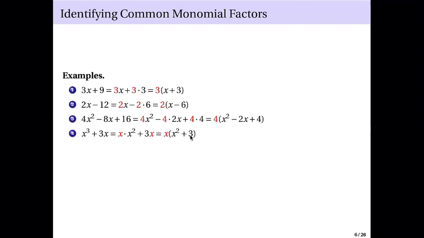You have 1 here, you have 3 here, and except for 1 or negative 1, 1 and 3 do not have a common factor. So this is now the complete factored form of x cubed plus 3x.